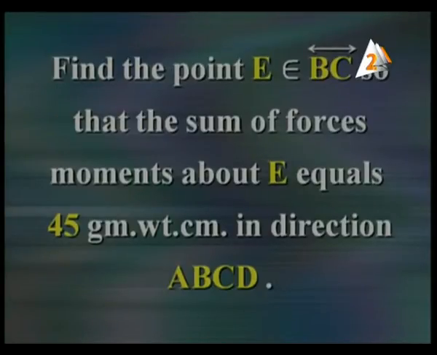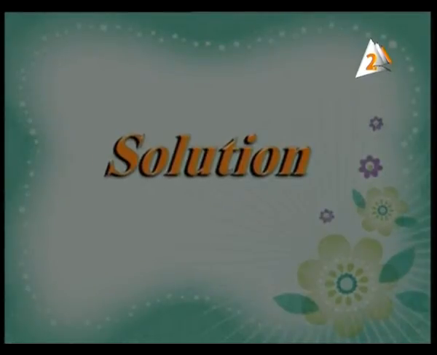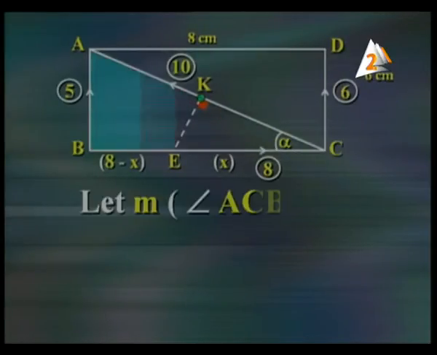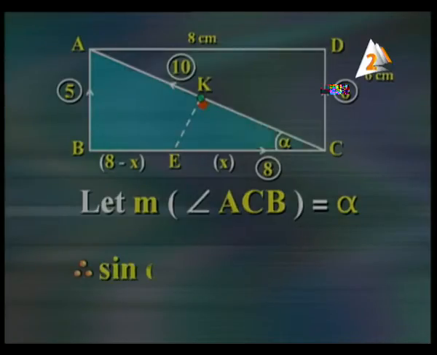As solution we say, let measure of angle ACB equal alpha. So sine alpha equals AB over AC, which is equal to another triangle, EK over EC.